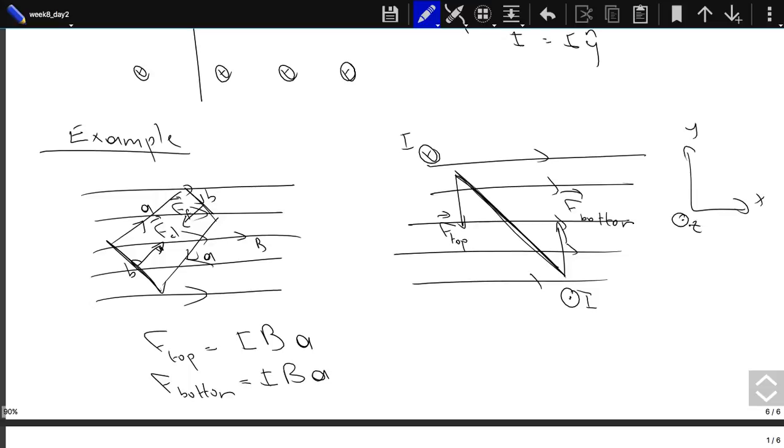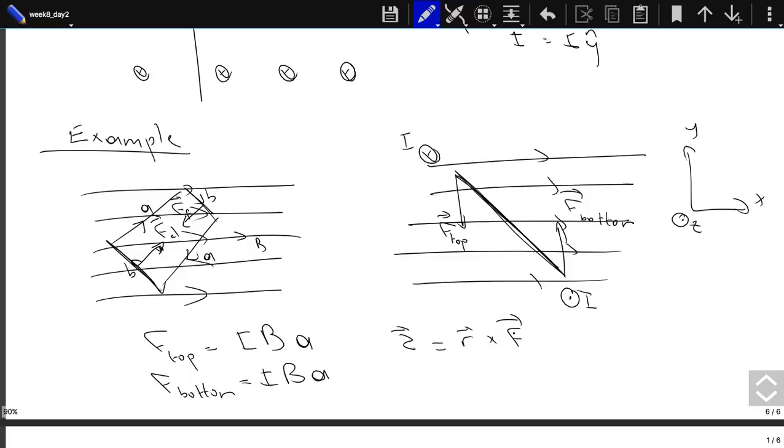These are the forces that will be creating a torque on my system. What is the direction of the torque created by these two forces? Remember, the definition of the torque is just R cross F. For this point, R is the vector connecting the center of mass to that point.